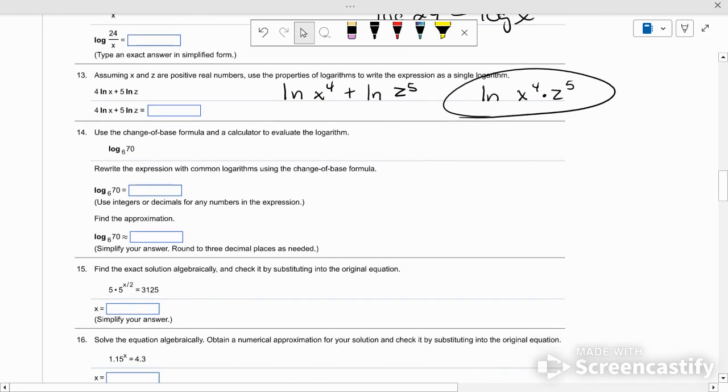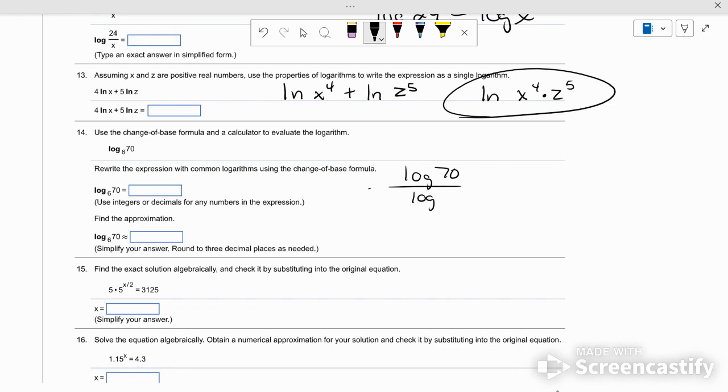Change of base formula is the log of the big number divided by the log of the little number. Log of 70 divided by the log of 6.